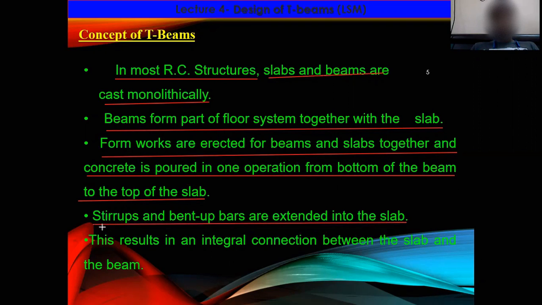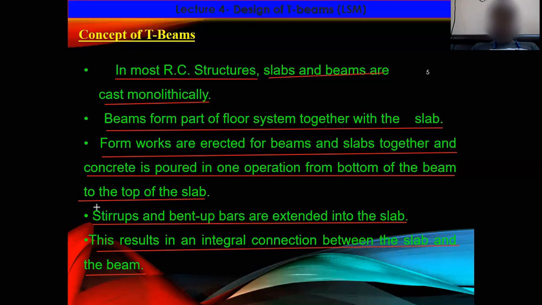In practice, we generally do like that only, because of the beam size involved. So stirrups and bent-up bars are extended into the slab. This results in an integral connection between the slab and beam. Why are we extending them?